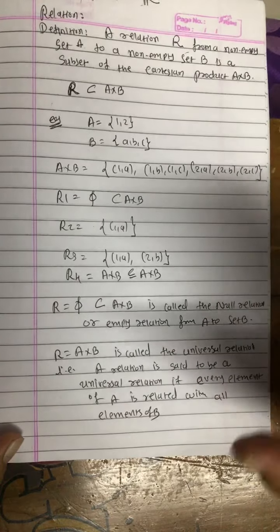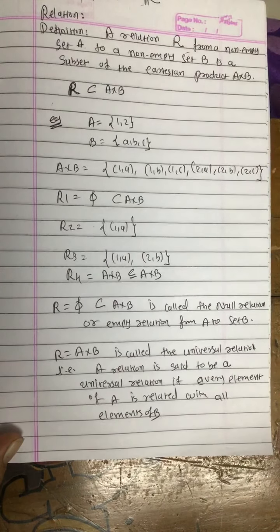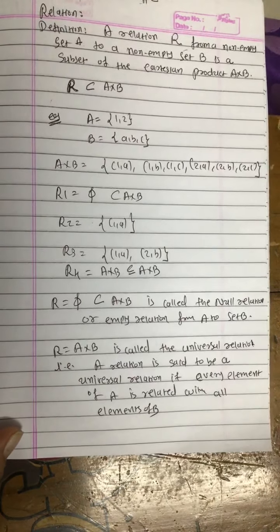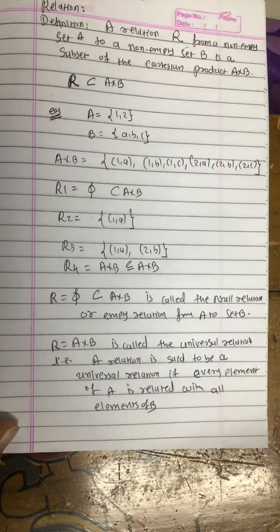So the relation from Amitabh to Abhishek is father, but the relation from Abhishek to Amitabh is of son. So relation from A to B is not the same as relation from B to A.